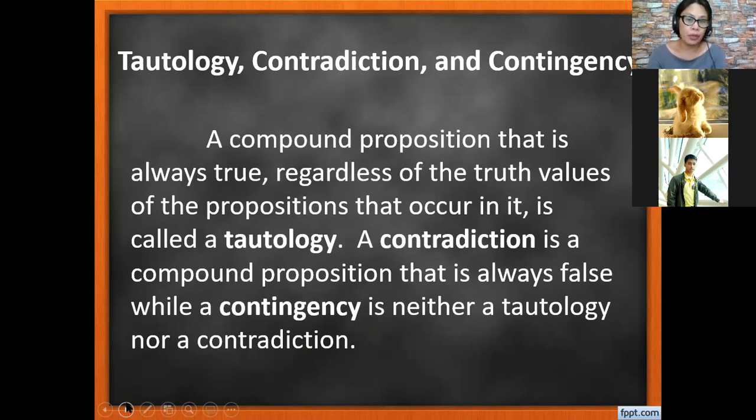On the other hand, if it's always false, we call that a contradiction. If neither a tautology nor a contradiction, then it's called a contingency. We'll be working on examples on that.